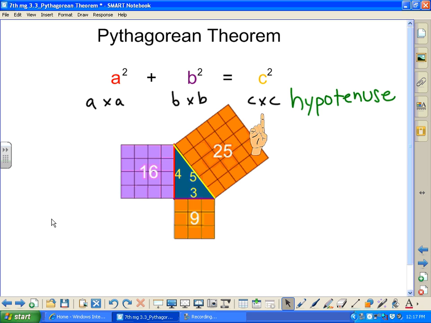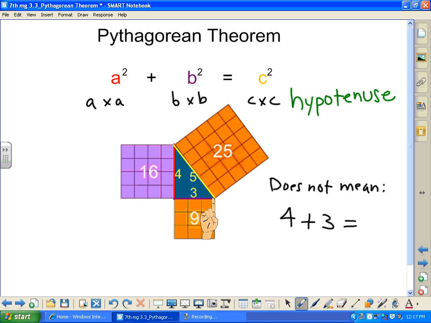So the Pythagorean theorem, if you look at this example here, this length is a 4, that length is a 3. The Pythagorean theorem does not mean 4 plus 3 equals 5. Obviously, this length is 5, and if you add the 4 plus the 3, that does not equal 5.